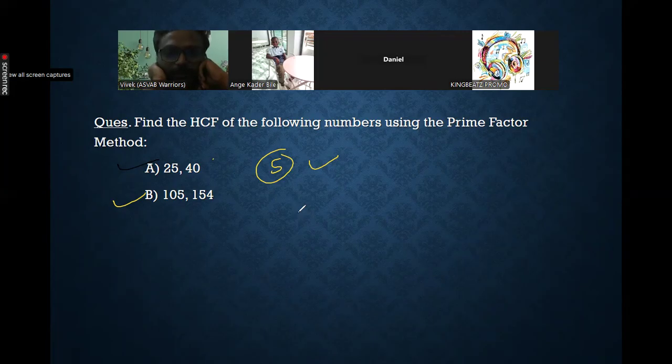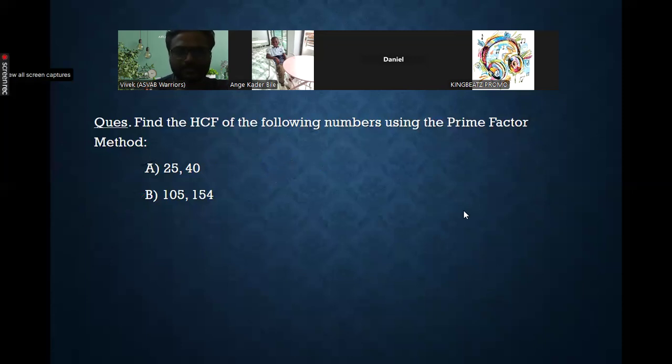Did you both get 7? Yes, you're right, it's 7.